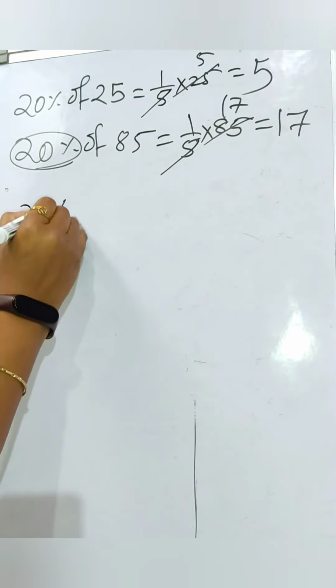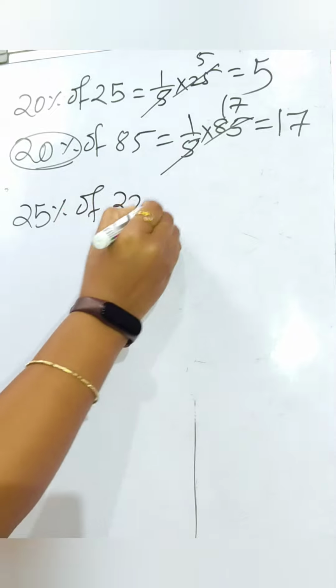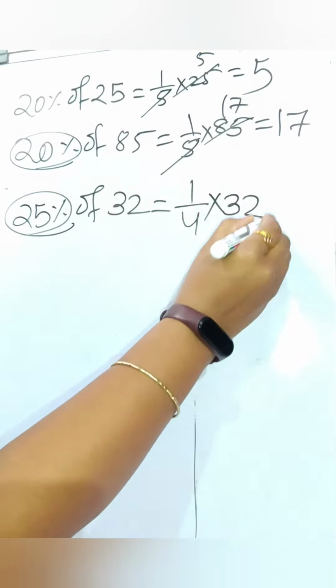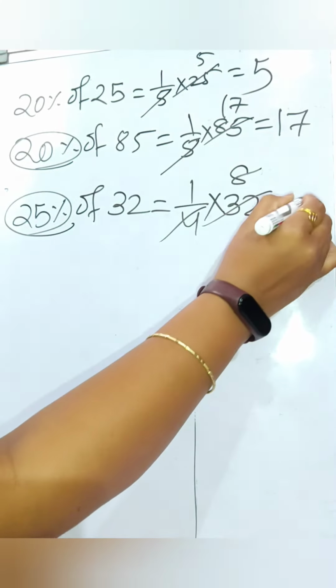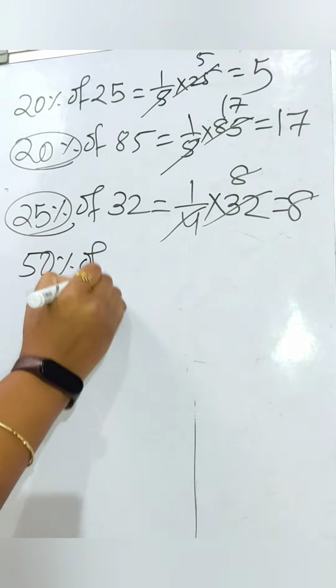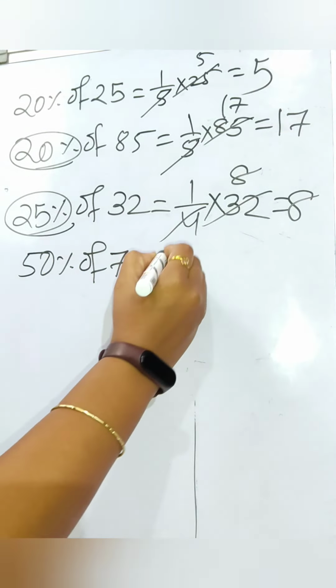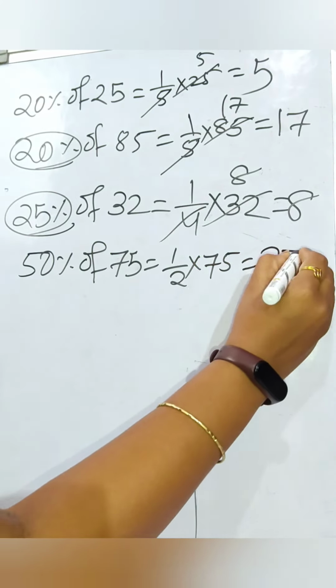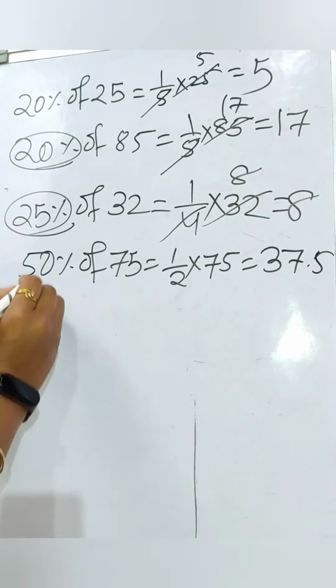Next. 25% of 32. We know that 25% is 1 by 4. 1 by 4 into 32 is equal to 4 eights. So the answer is 8. 50% of 75. 50% means 1 by 2. So half of 75 we need to write here, 37.5.